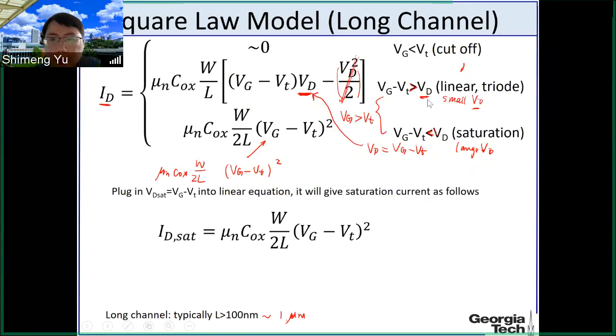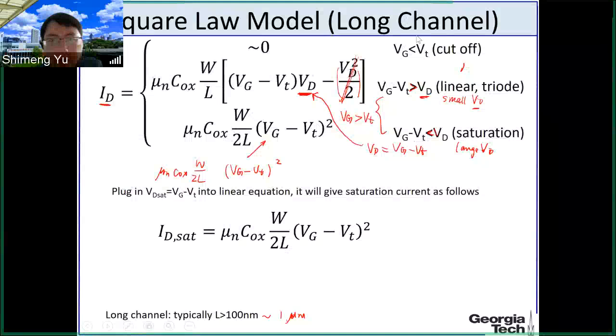So here, when the drain voltage is small, we can ignore the second order term here and only look at the first order term. So this is a linear relationship between ID versus VD, like a resistor. That's why this is called the linear region. And then we have the saturation region, where the drain voltage is larger than Vg minus Vt.